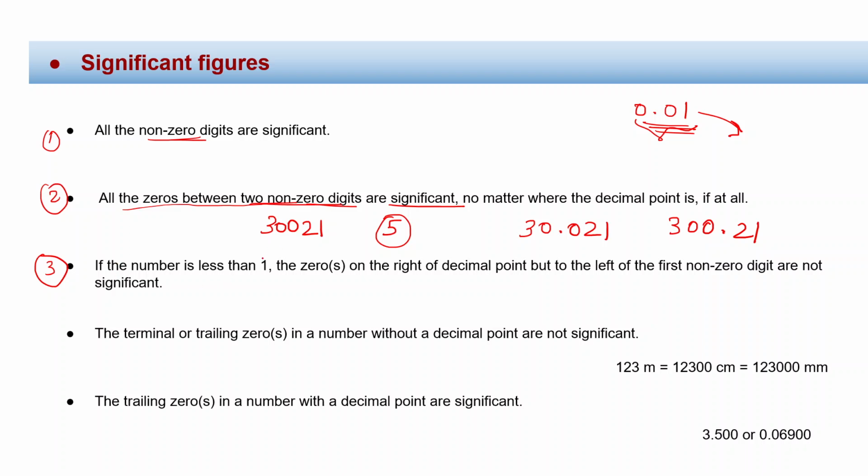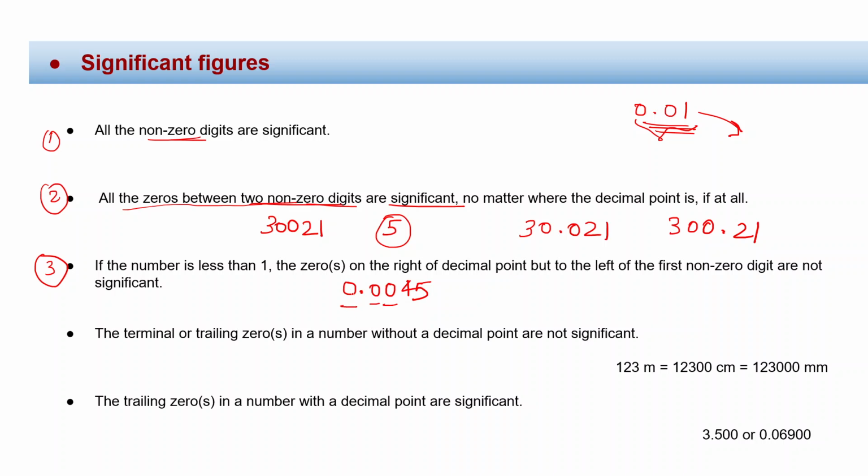If the number is less than 1, the zeros on the right of the decimal point but to the left of the first non-zero digit are not significant. Again, let's understand what this means. If a number is something like this, here the number is less than 1, of course, and these zeros are on the right of the decimal point and left of the first non-zero digit, so these are not significant.